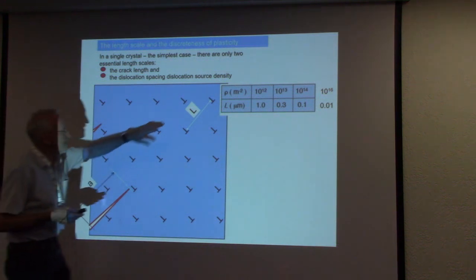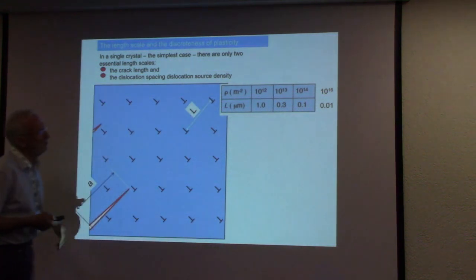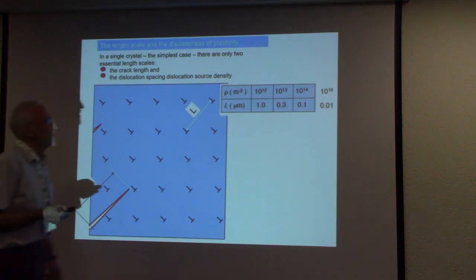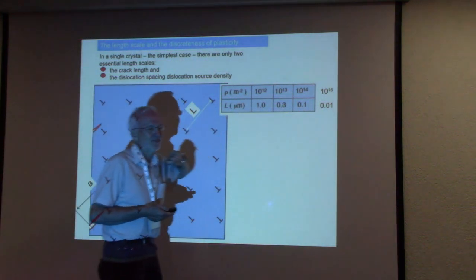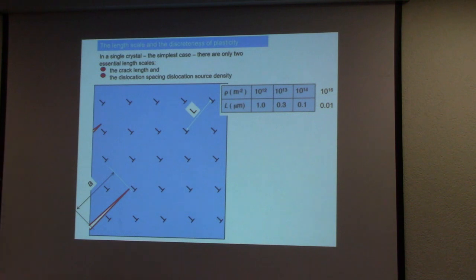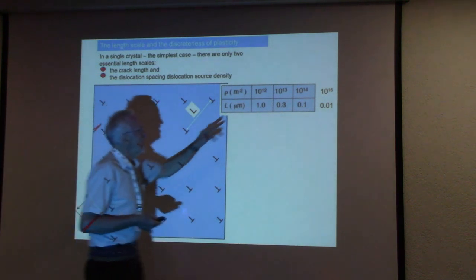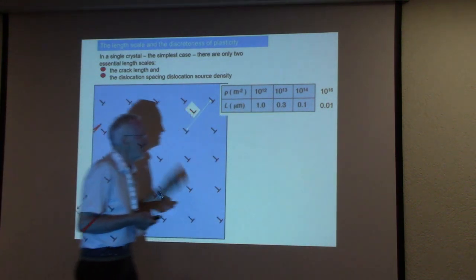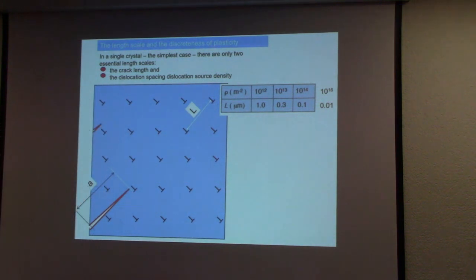And the mean distance between these defects, you can simply calculate, is 1 micron. This is the typical density of dislocations in metals when they are recrystallized, so when they are cooled down from high temperature.